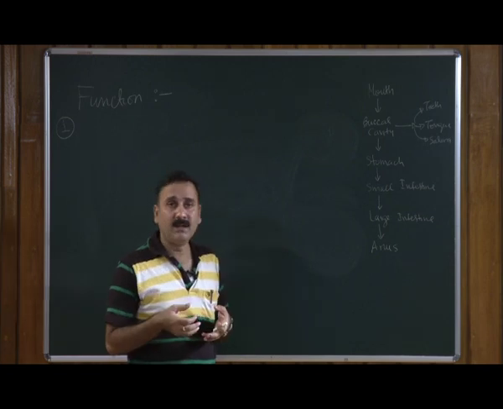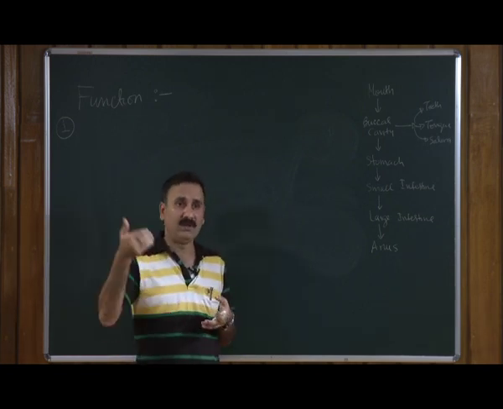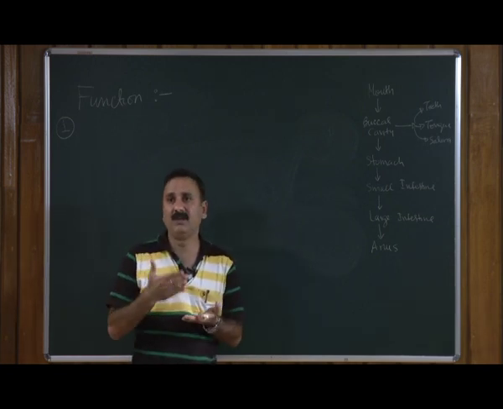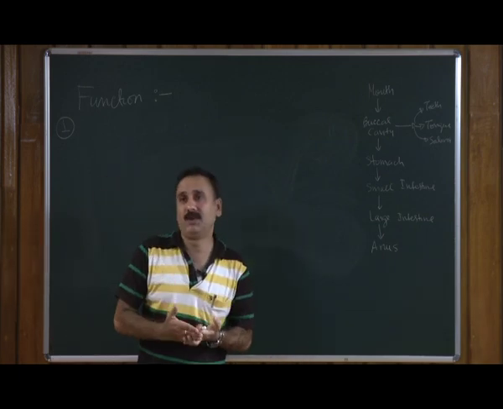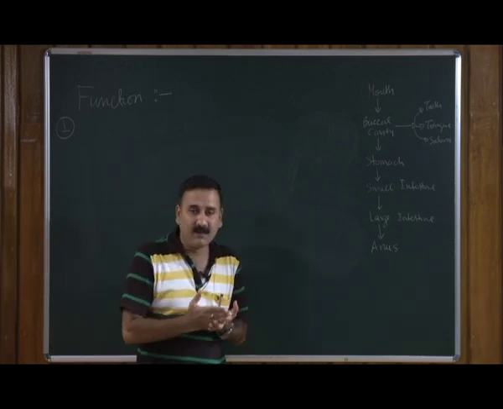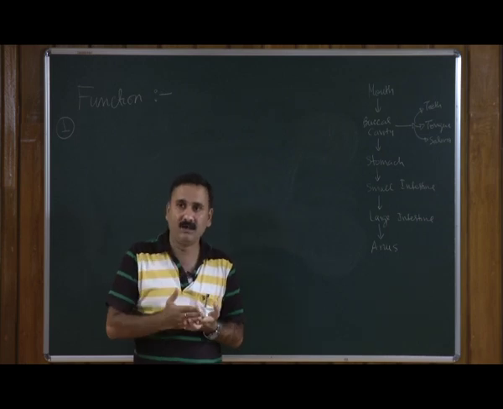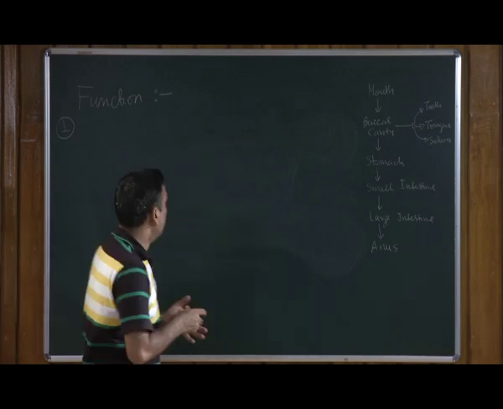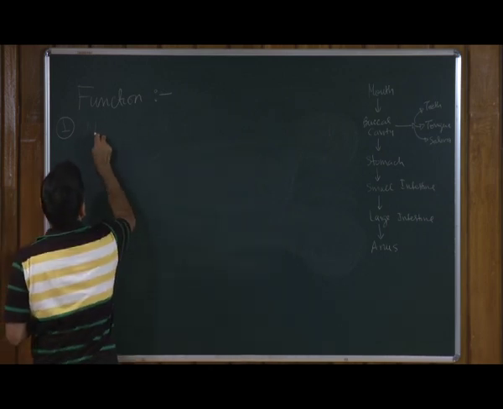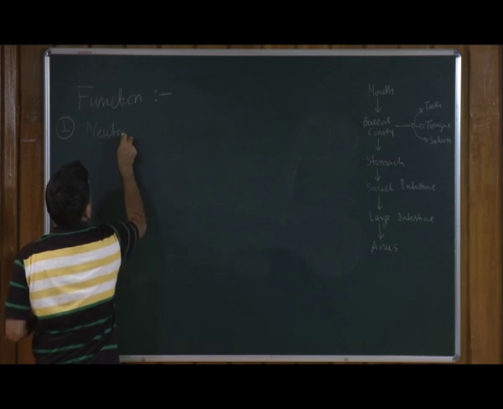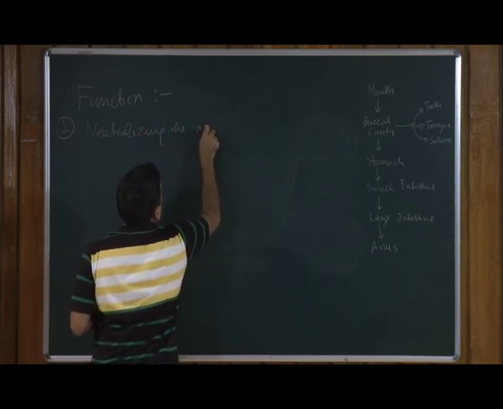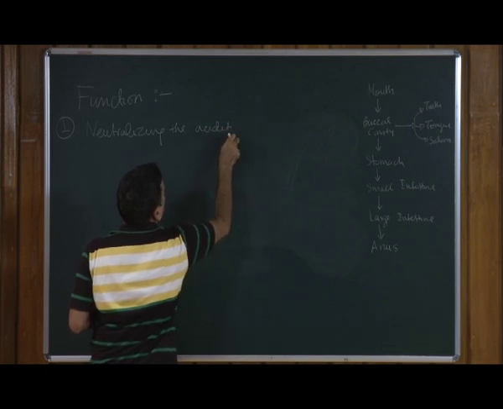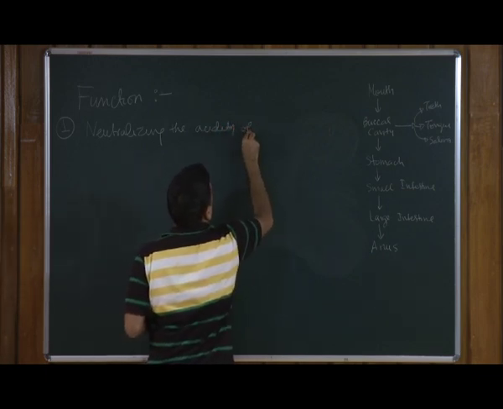This acid is not good for the digestion processes happening in the small intestine, so it has to be neutralized, and this is the first function the small intestine is doing. So, it is neutralizing the acidity of chyme.